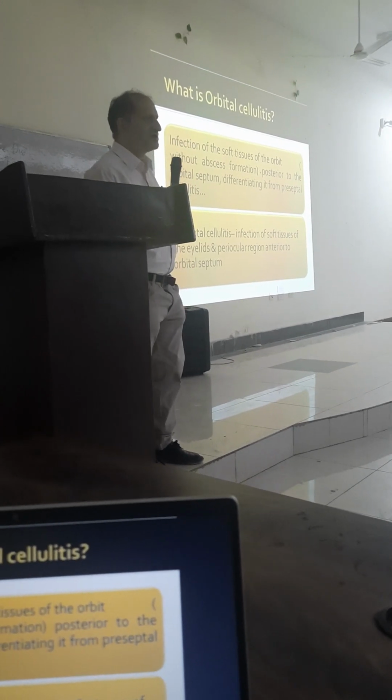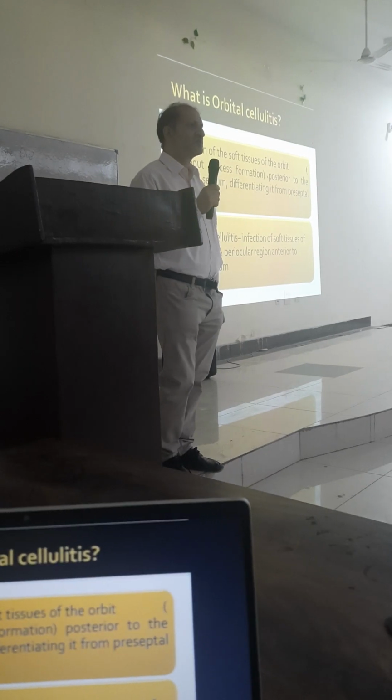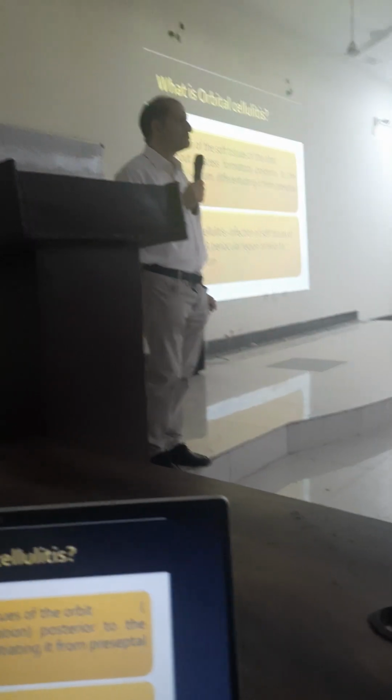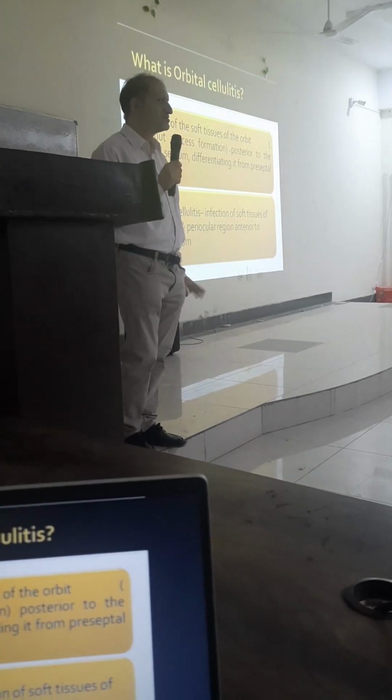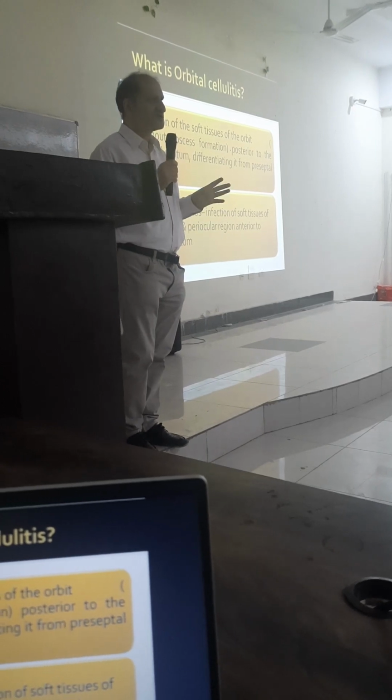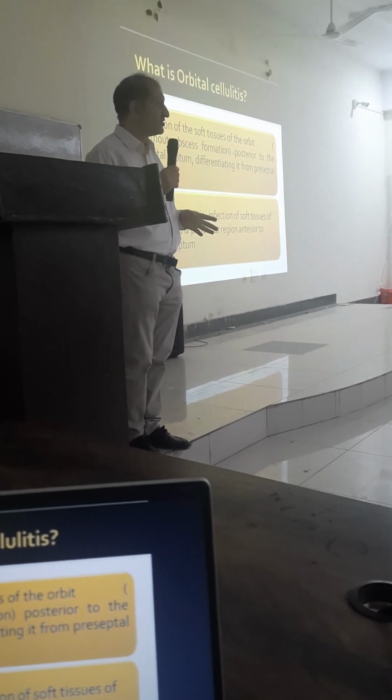So first thing, I will talk about orbital cellulitis. Orbital cellulitis is inflammation of the soft tissues of the orbit.